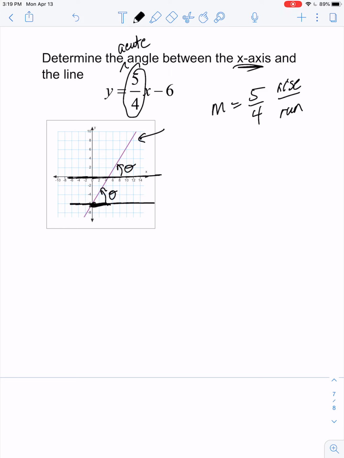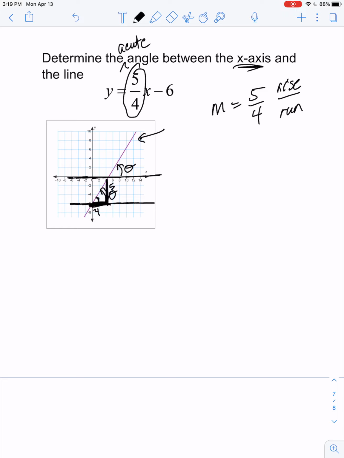I could go over 4 units, 8 units, whatever I want. We'll go over 4 units. And then the rise is 5 units. So we have 4 units here and 5 units here.